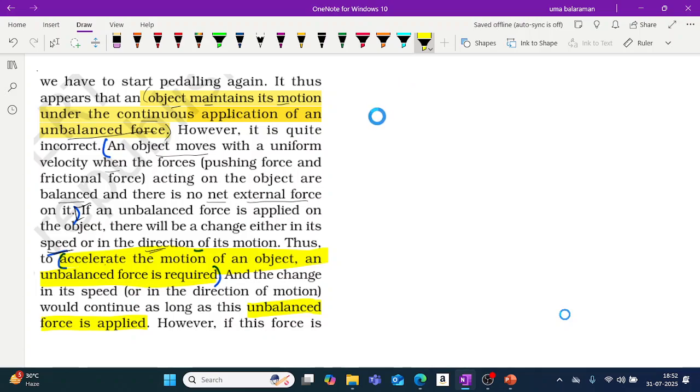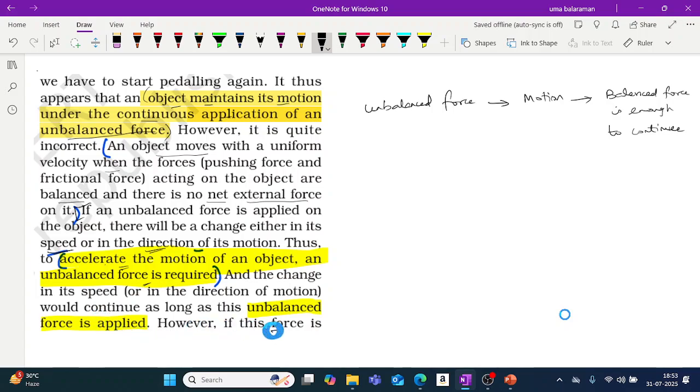Balanced force is enough to continue. Let me write. So unbalanced force causes motion, whether it is starting or stopping. Once it starts, balanced force is enough to continue. That's what they are saying. If you want to accelerate the motion, unbalanced force is required.